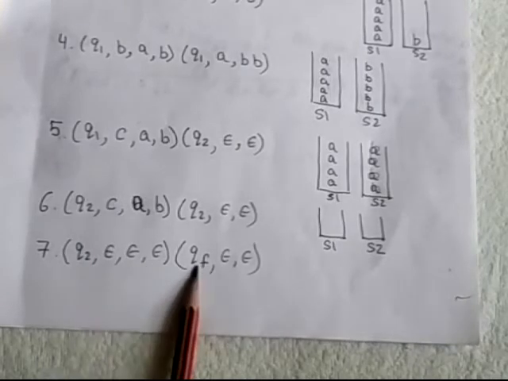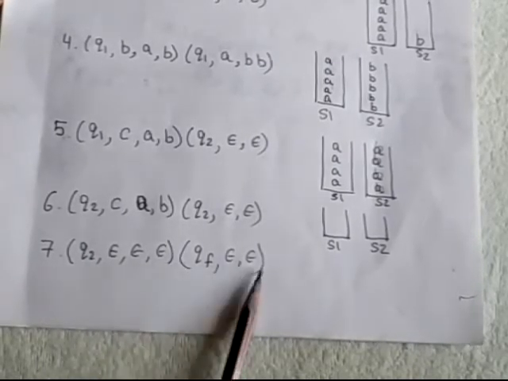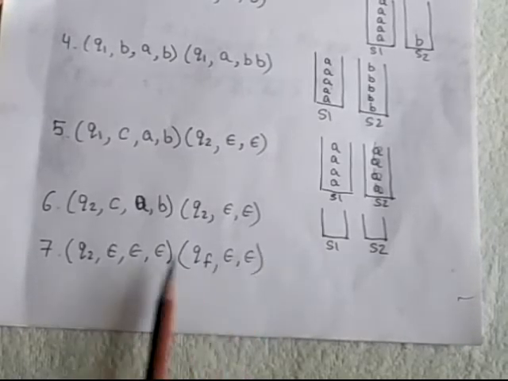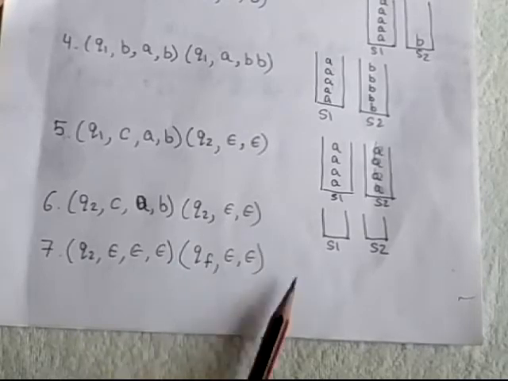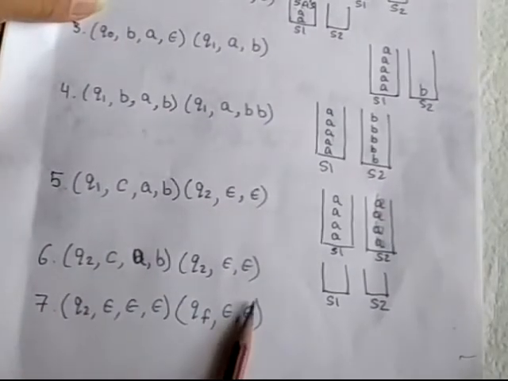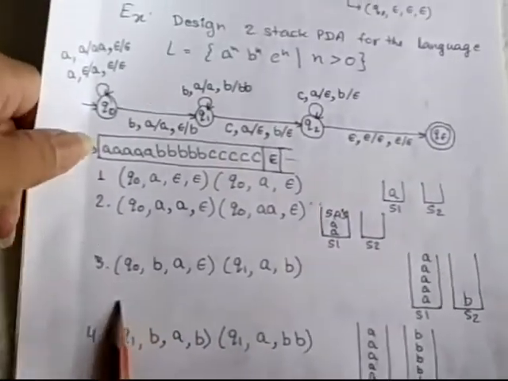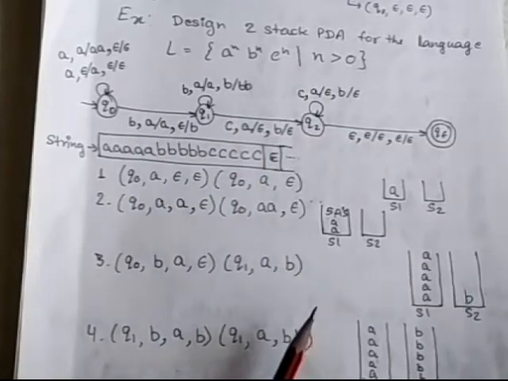Then we go to the final state and both stacks remain empty. So, by reaching the final state and emptying both stacks, we have accepted the string of the language A to power n, B to power n and C to power n.